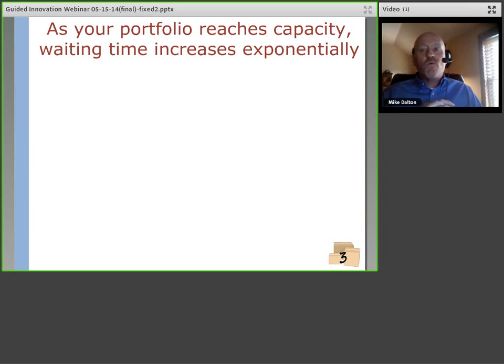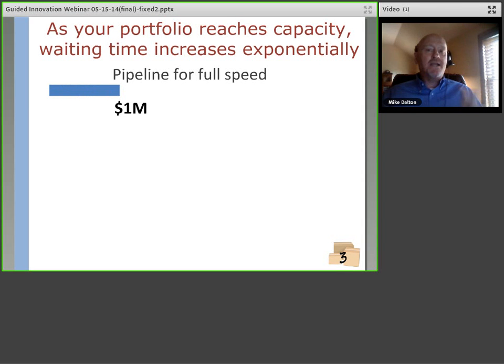So I want to show what happens when we do that. We'll start by showing what happens if we only do one project at a time, which we call pipelining for full speed or resourcing for full speed. If we put all the resources needed to run the project at full speed, it's done in 3 months.